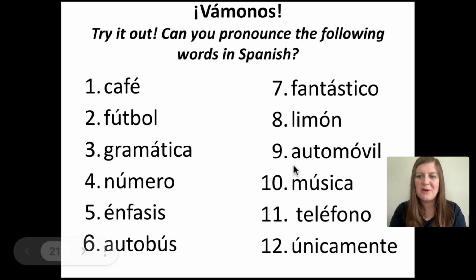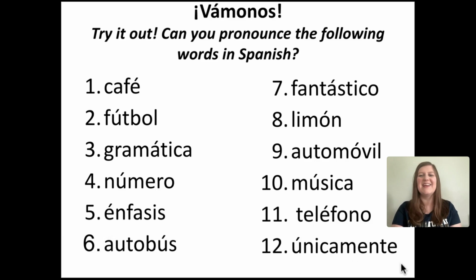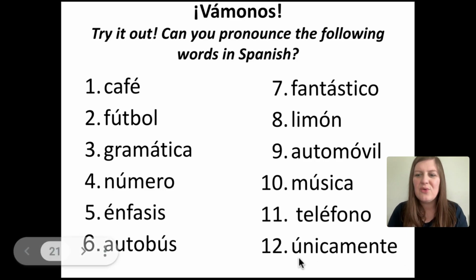Number 10, 3 syllables. Musica. Number 11, 4 syllables. Telefono.